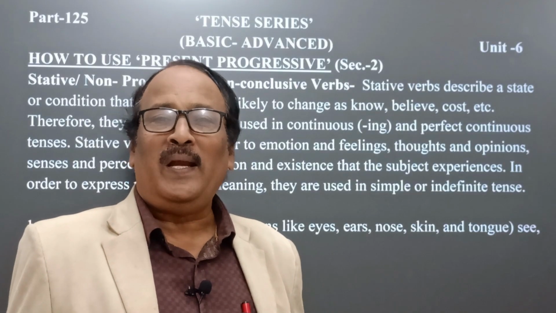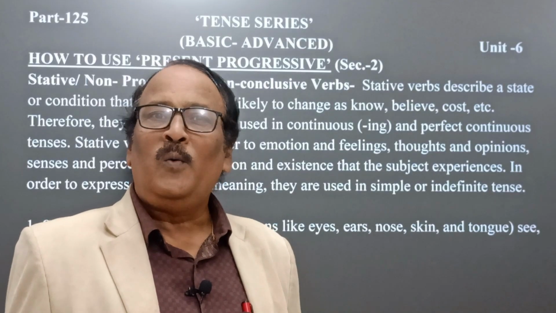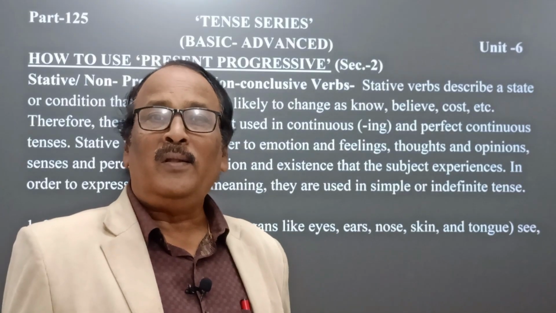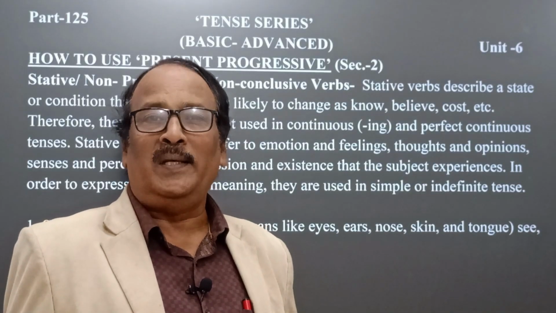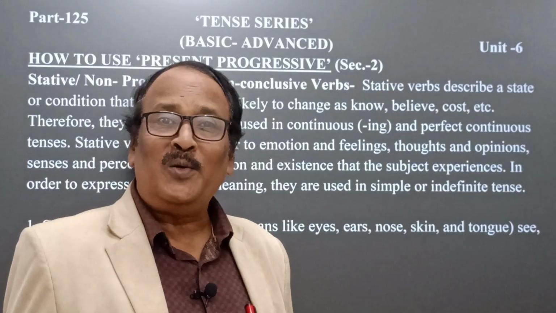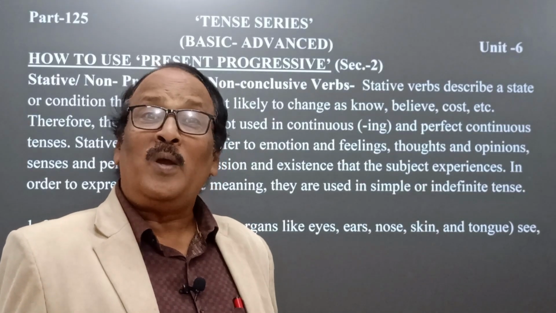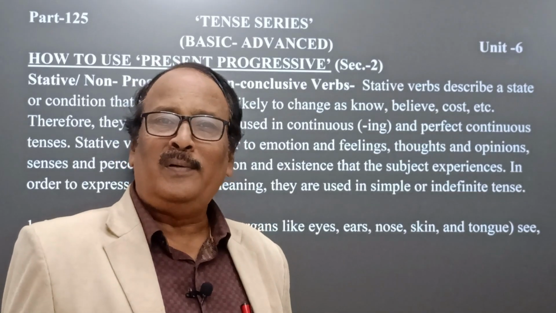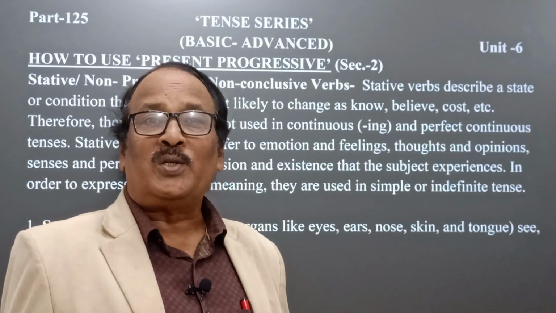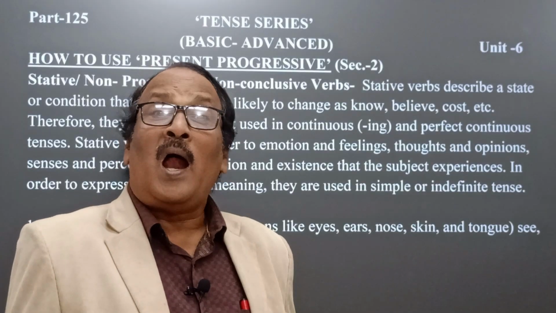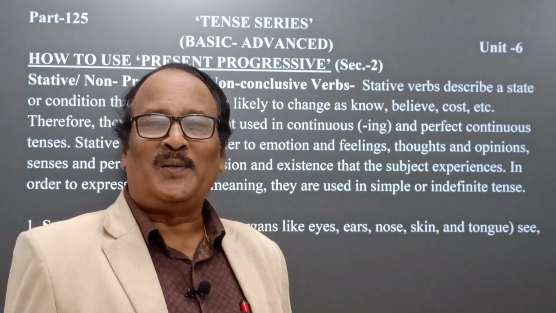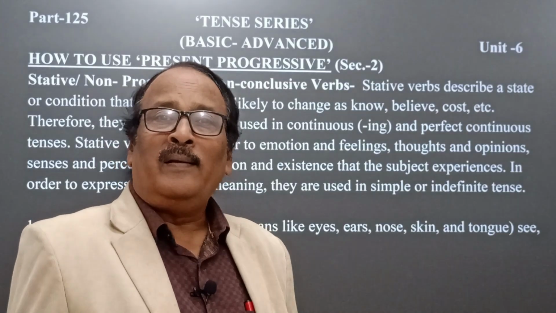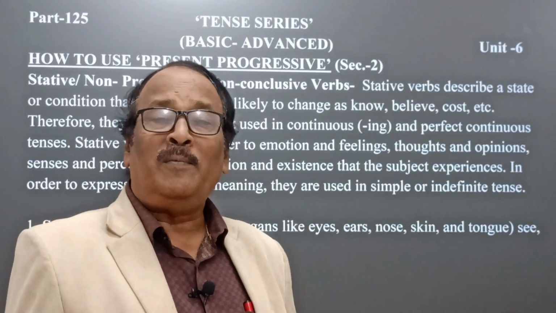In the previous segment of the 10th series, we have very vividly discussed the use of present progressive, in other words, present continuous or present imperfect. We have also discussed the scope or area of present progressive, its structure, and the adverbs and adverbials which are used to determine and ornament the sentences of present progressive.